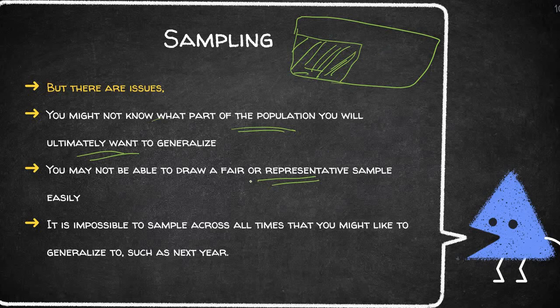So maybe it is not easy, and sometimes for practical concerns also, you may not be able to find the right kind of people who reflect the key characteristics of the population you wish to generalize to. Third, it is simply impossible to sample across all times that you might like to generalize to, such as next year or so.